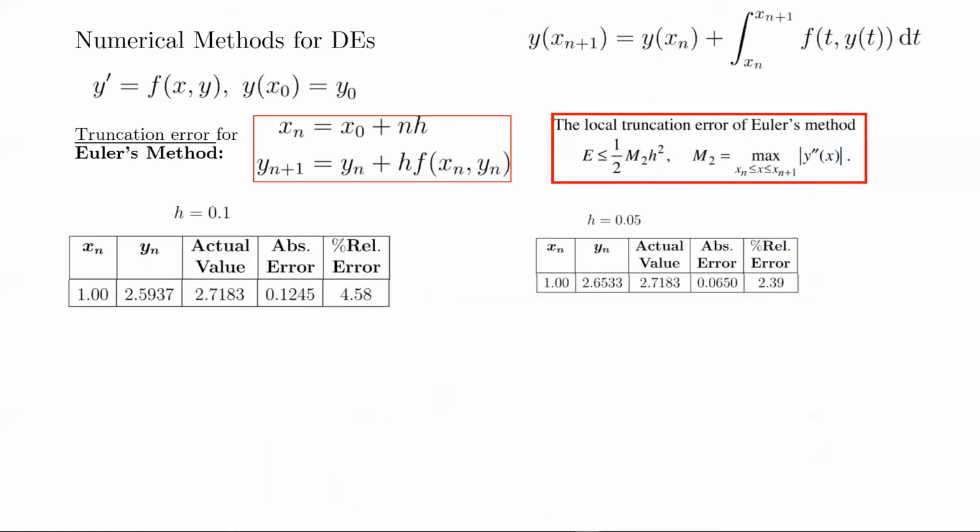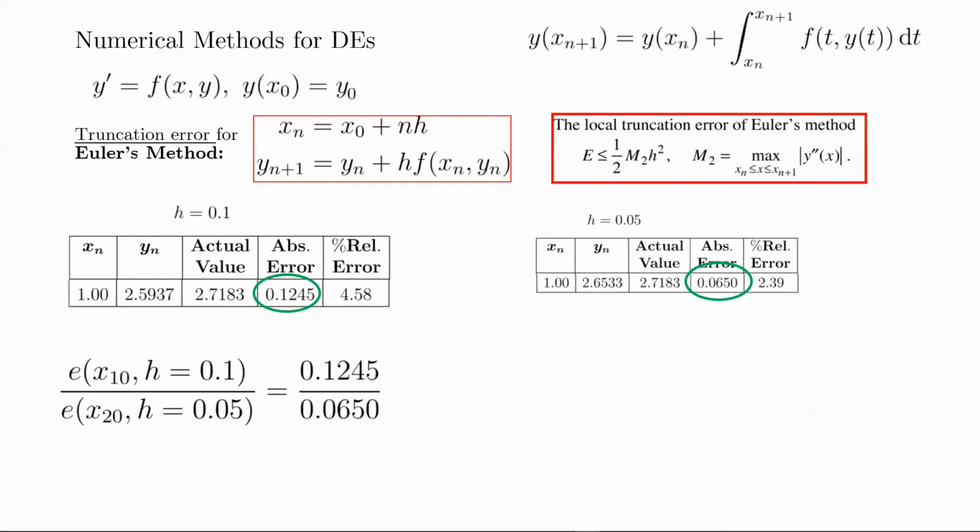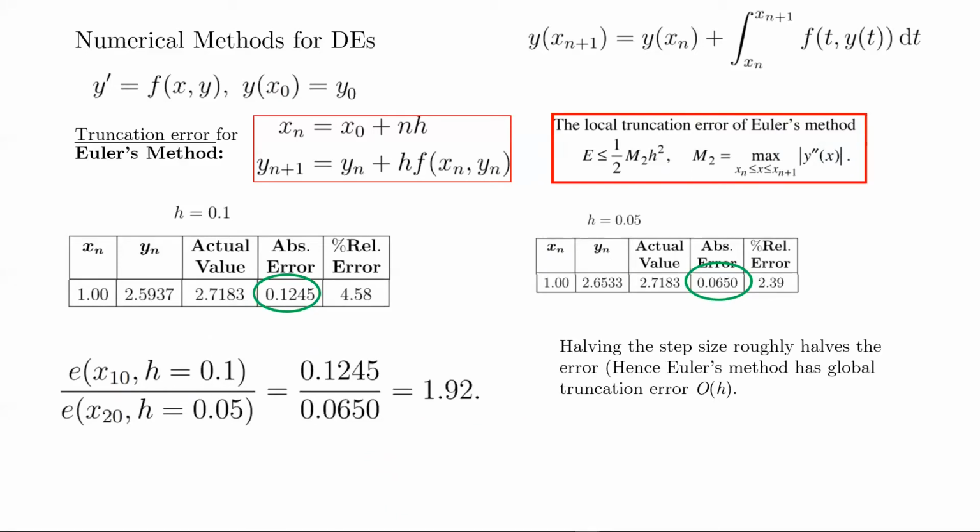So the absolute error approximately halves, basically, is what I'm trying to say. If you halve the step size, you approximately halve the global truncation error. So halving the step size roughly halves the error, hence Euler's method has a global truncation error of order h.